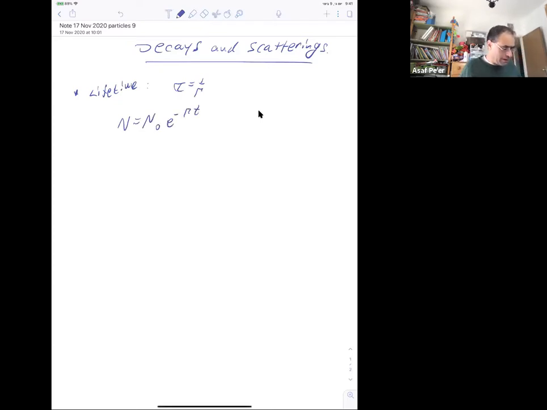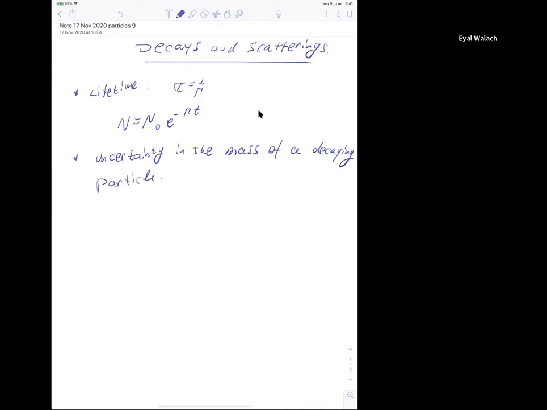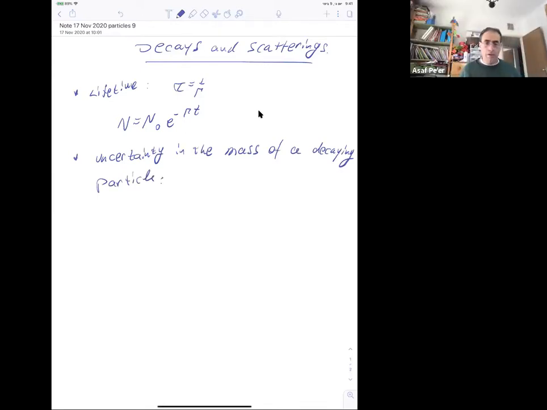We spoke about the uncertainty in the mass of a decaying particle. We said that the wave function is described by the Breit-Wigner function.